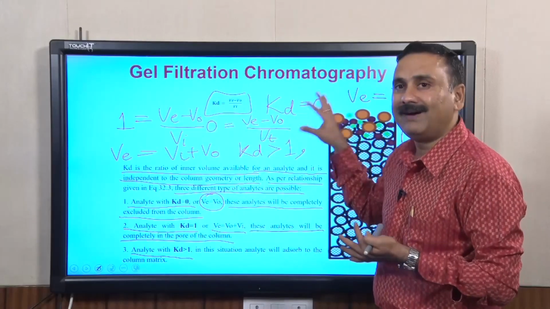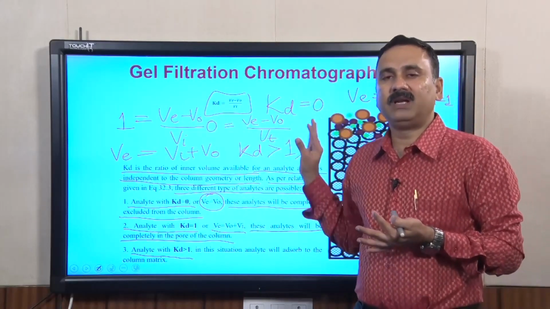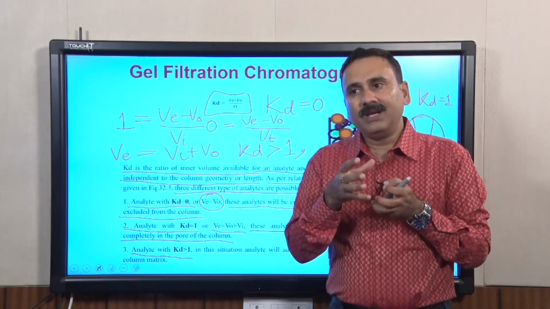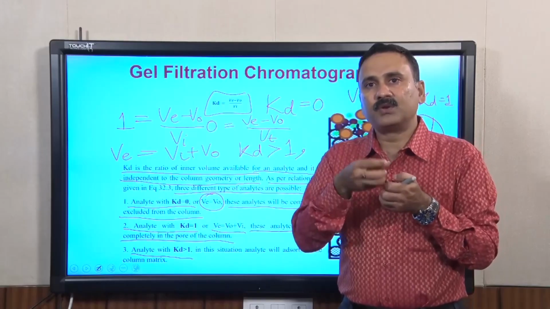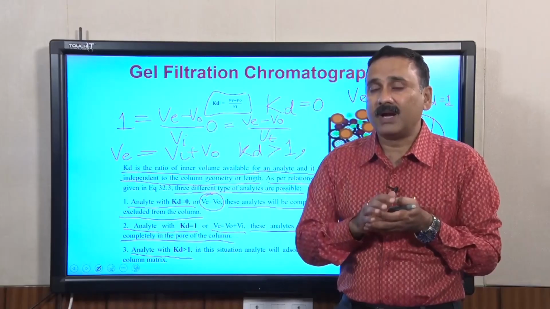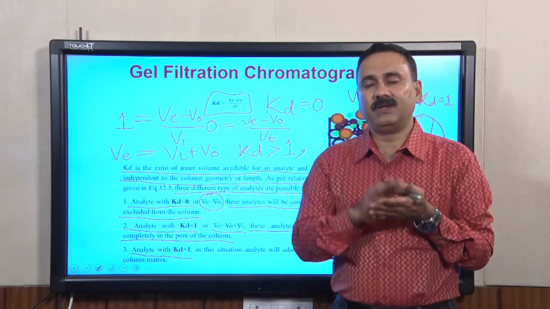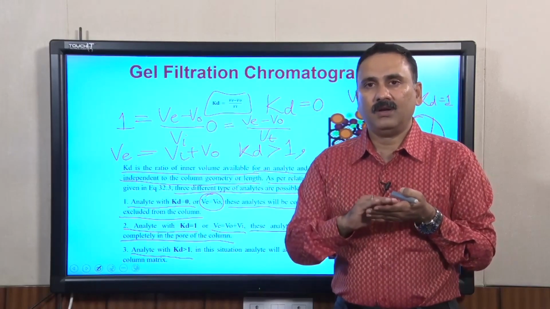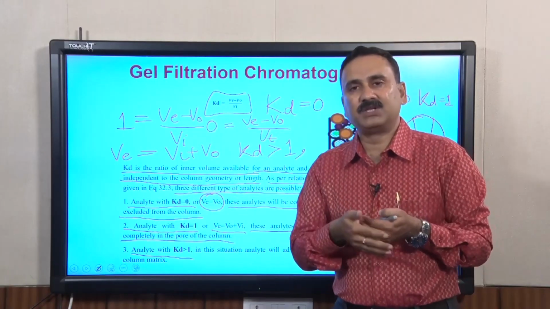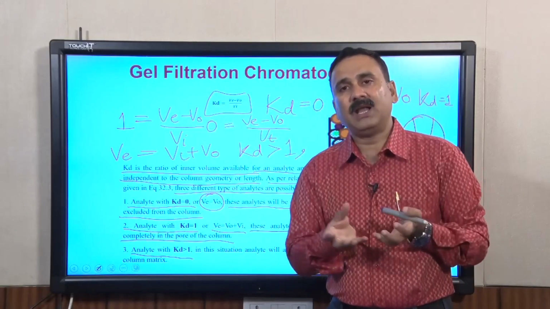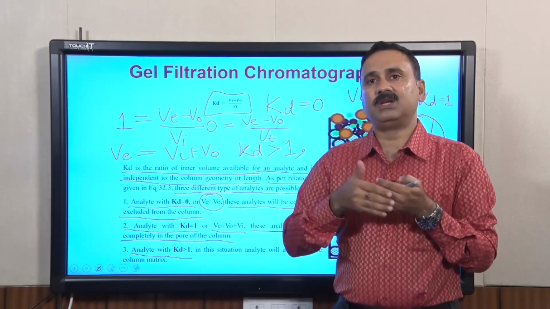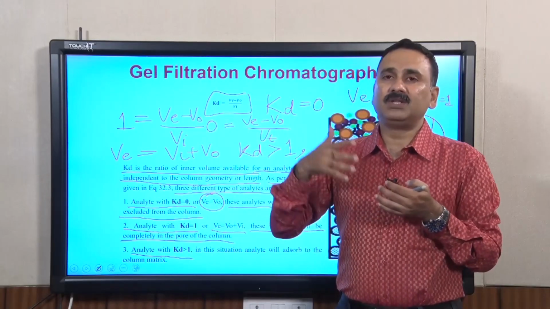So, one of the things you have to consider while doing gel filtration is that the molecules are only getting exchanged between the pores and the outside area. They are not getting associated with the beads by non-coordinate bonds, coordinate bonds, or any kind of interaction, which means even if your protein has a charge, the beads are not going to associate with these molecules because of that charge.